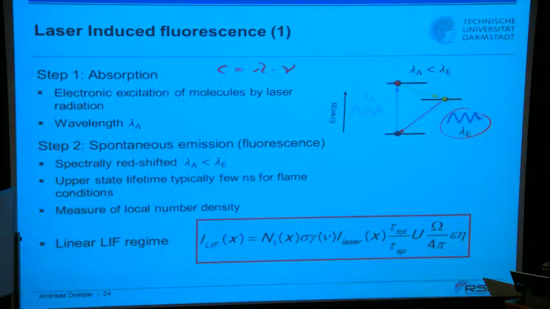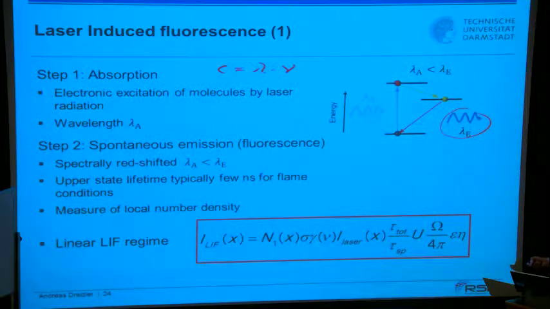That is the problem in laser-induced fluorescence. So we restrict ourselves to a linear regime. Linearity means that the signal intensity is linearly dependent on the intensity of your laser. And if you go through this formula, you will see that this problem with the lifetime appears up here.